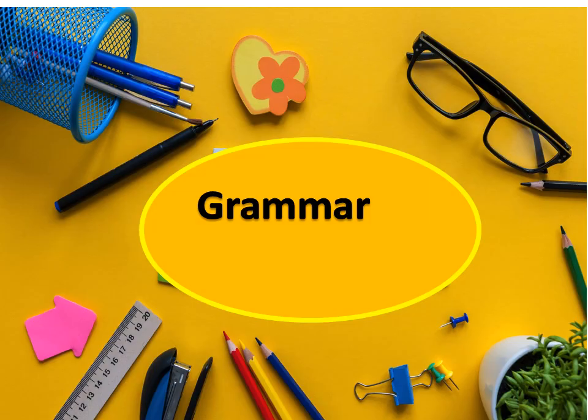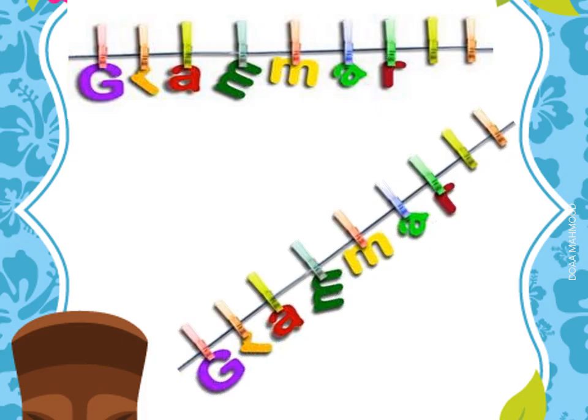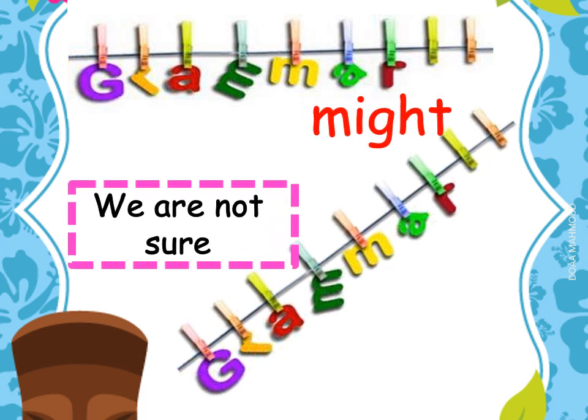After we had our new vocabulary, now we are going to have our grammar rule about might. This is might. Might means we are not sure.